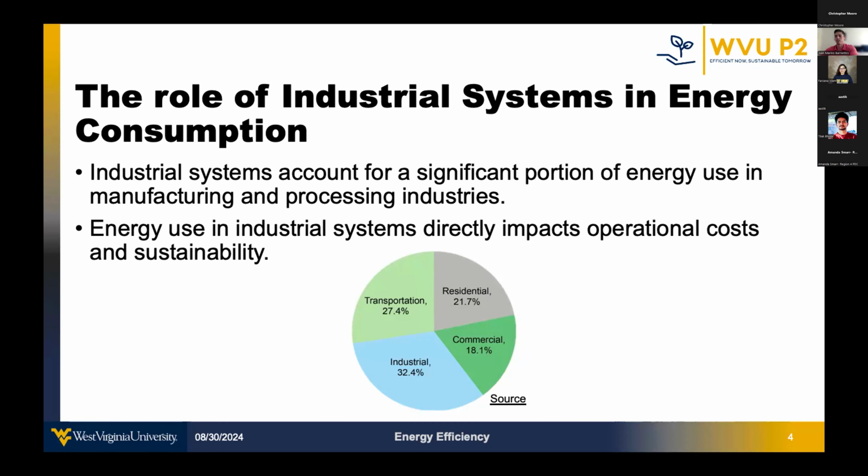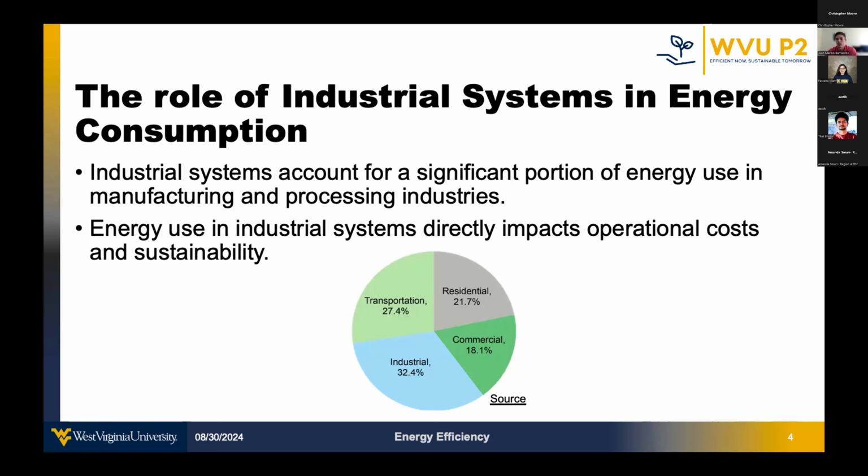As I discussed the role of industrial systems in energy consumption, this pie chart at the bottom of the slide provides a clear visual of energy and how it's being used across different sectors. So you will notice that the industrial sector is the largest slice of the pie, accounting for 32.4% of total energy consumption. This highlights just how significant industrial systems are in the overall energy landscape.